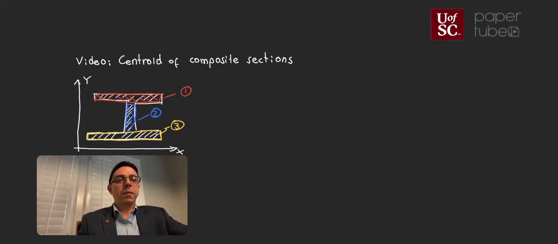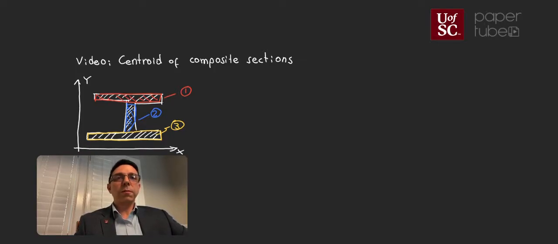Very good. All right, so the first thing I want you to do is, we need to know the centroid of simpler shapes. So what I want you to do is go to the internet, open another browser, and try to Google centroid tables.